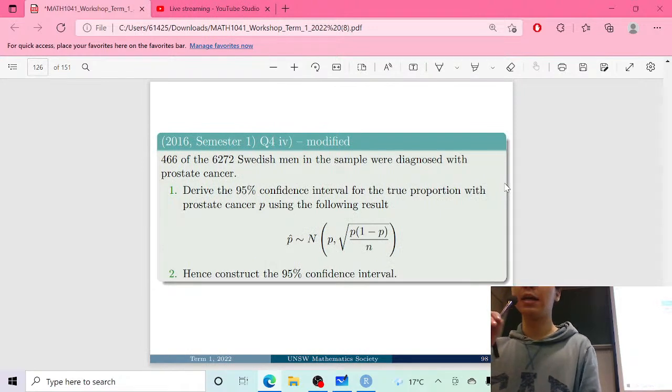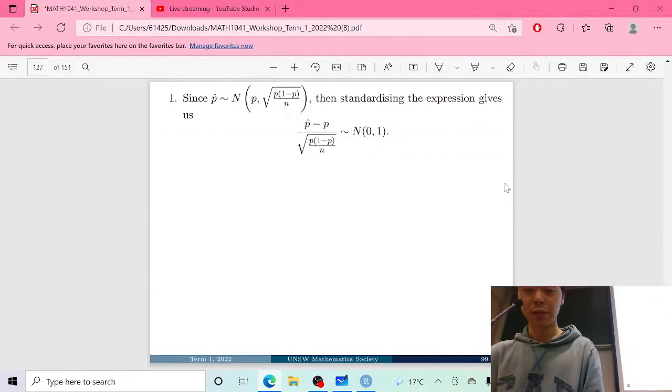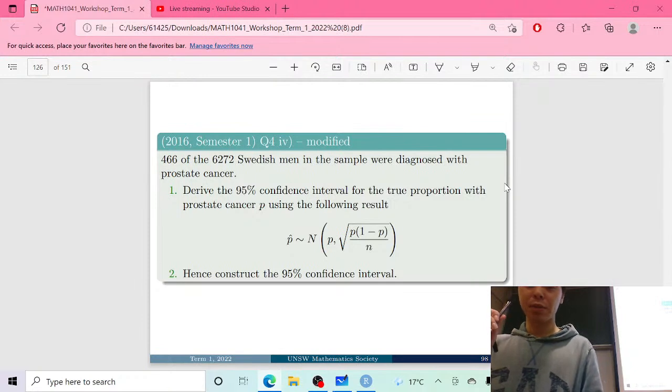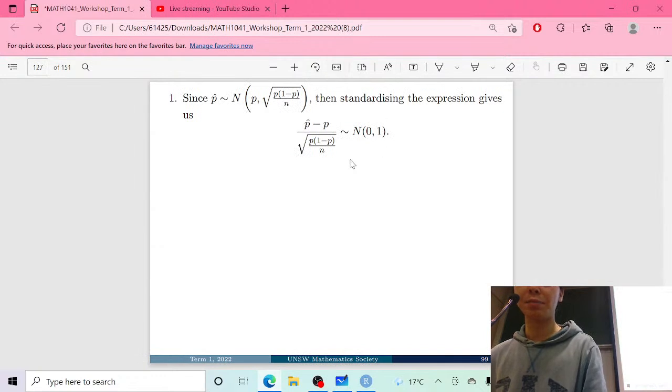So let's have a look at this question here. We want to derive the 95% confidence interval for this true proportion here. If we assume this following result, from before, we can just standardize this so that it becomes a normal distribution. And so that's what we had here.